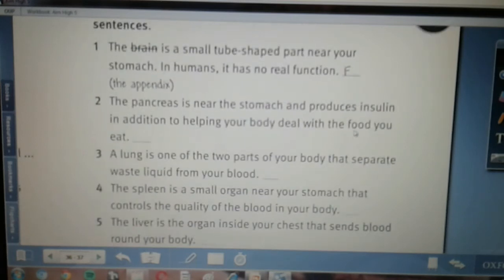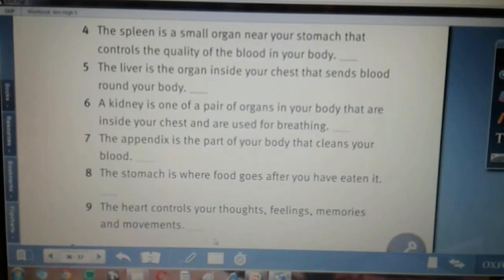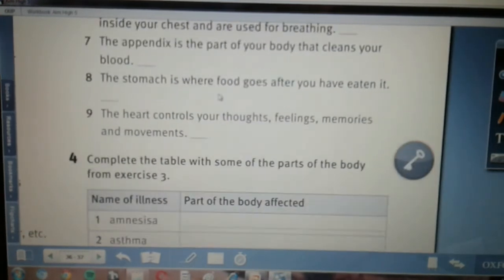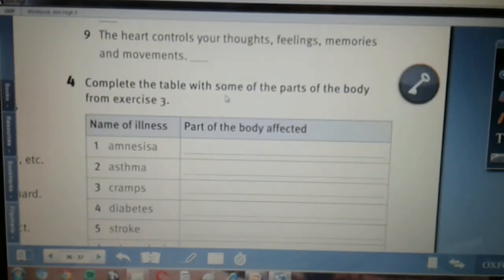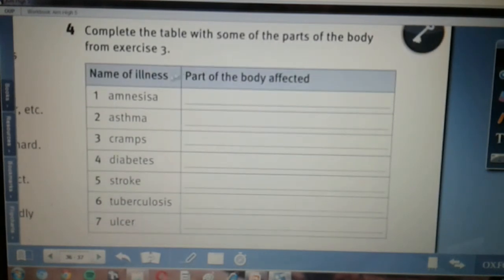Okay, please finish number 2 till number 9. Now take a look at part 4. This time you have to complete the table with some of the parts of the body from exercise 3. So we have these illnesses and tell me the part of the body that got affected by these illnesses. So for example, like number 1, this should be amnesia.